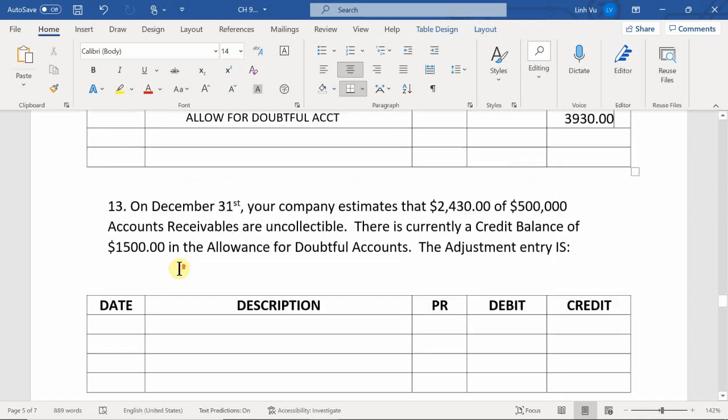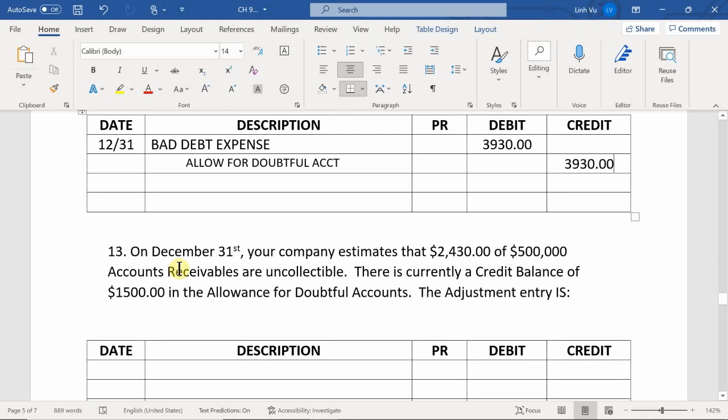All right. Question number 13 says that on December 31st, your company estimates that 2,430 of 500,000 accounts receivable is uncollectible, and there's currently a credit balance of $1,500 in the allowance for doubtful accounts.